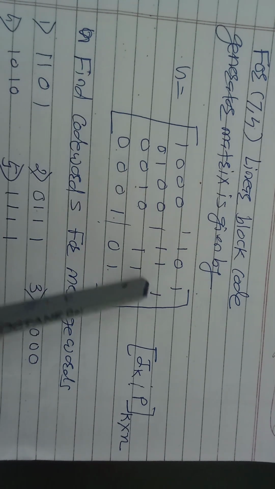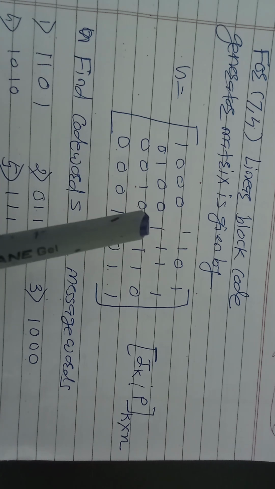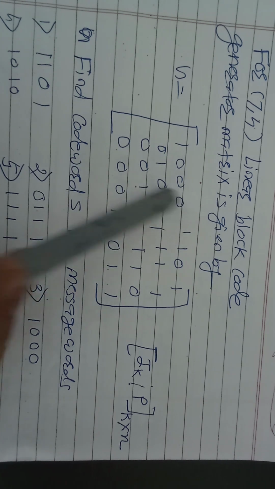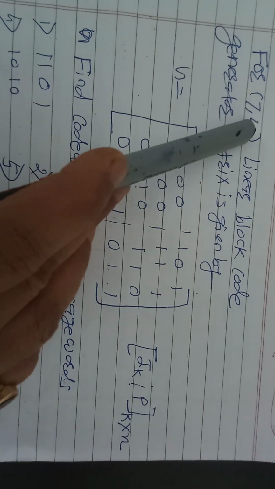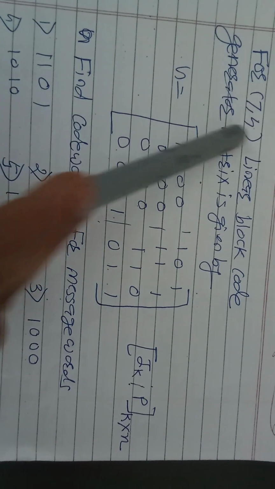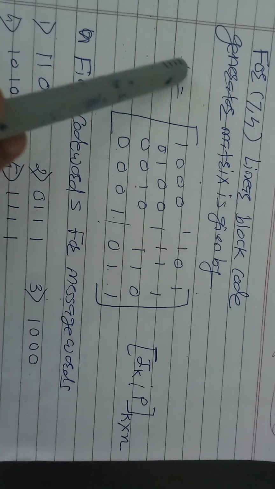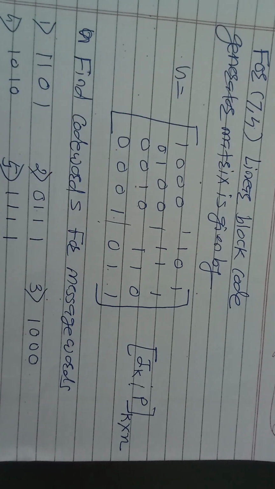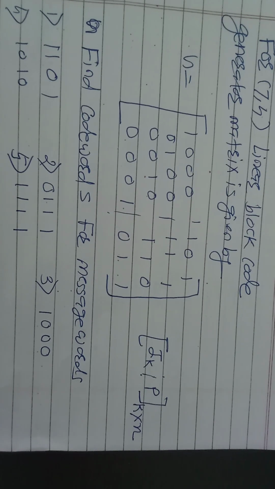For 7,4, how many columns are there? Columns are 7. How many rows? Rows are 4. 7 is n, 4 is k. So 4 message bits give you 7 code word bits, and 3 parity bits are there.